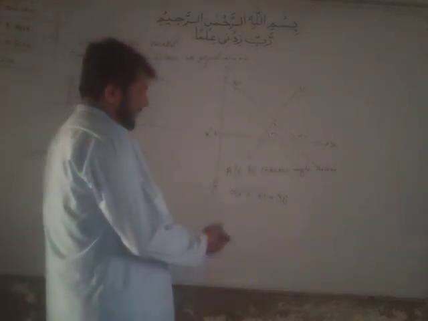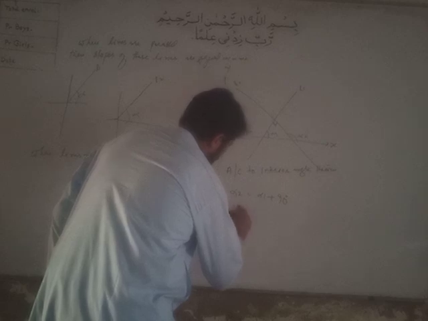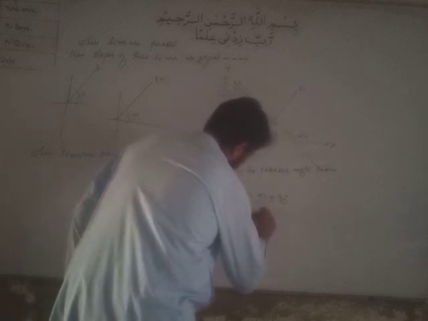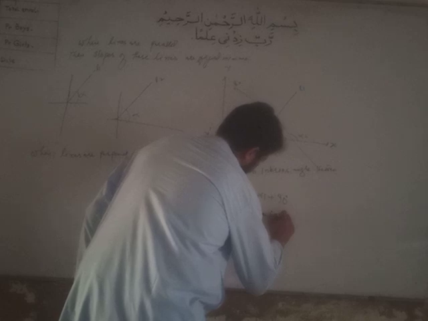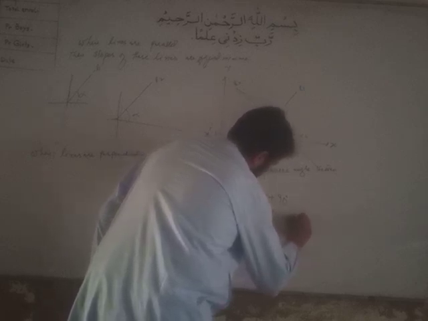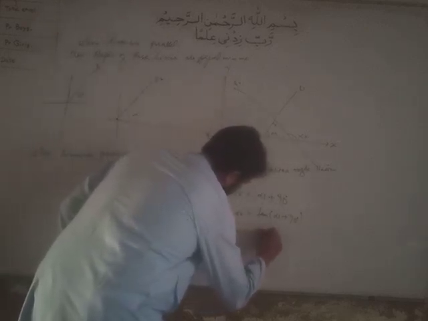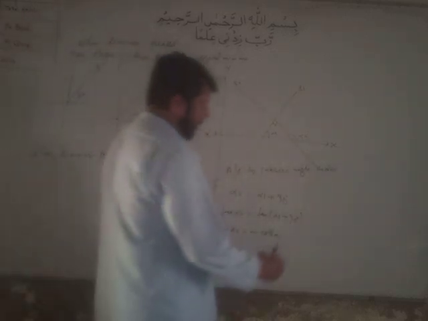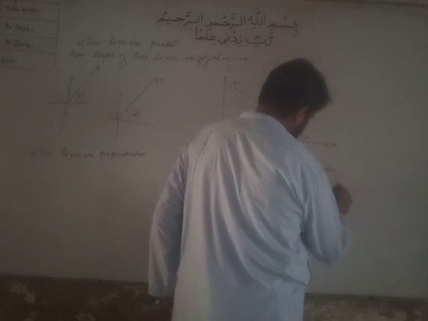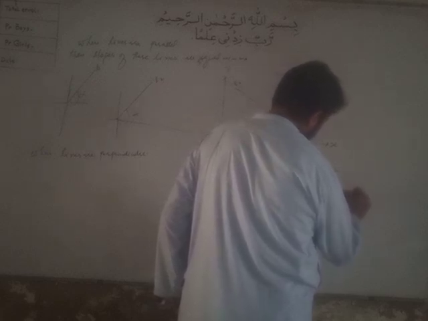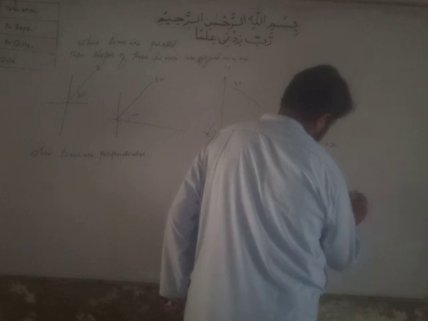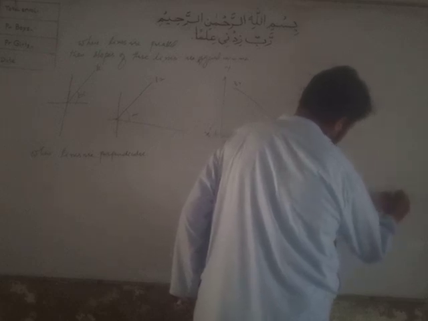Okay, so take the tangent ratio on both sides. So this will be tan alpha 2 equals tan of alpha 1 plus 90 degrees. So tan alpha 2 is equal to minus cot alpha 1. You know that tan of theta plus 90 degrees is equal to minus cot theta.